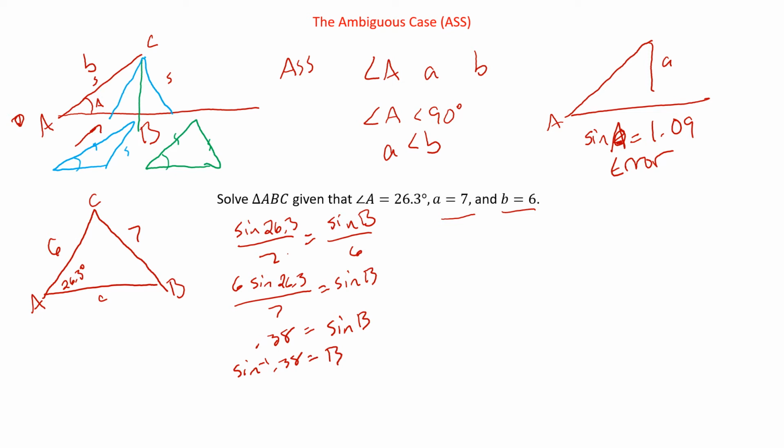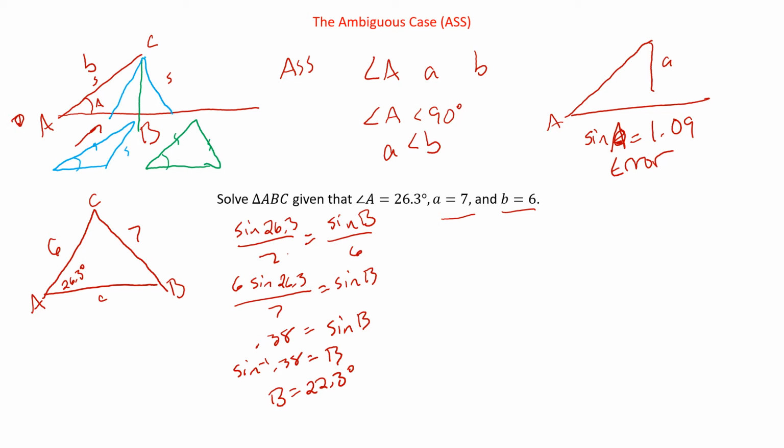And that'll give us our B. So the inverse sine of that answer is 22.319. So, let's go 1 decimal place, 22.3 degrees. So B equals 22.3 degrees. All right, so we found B.